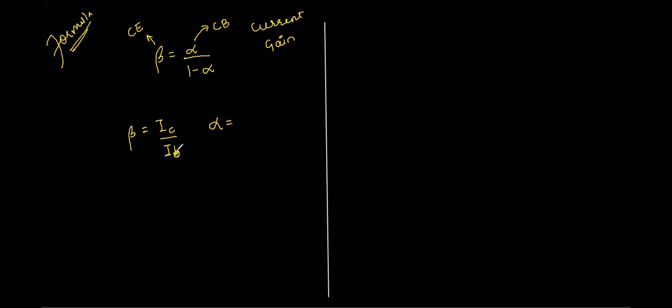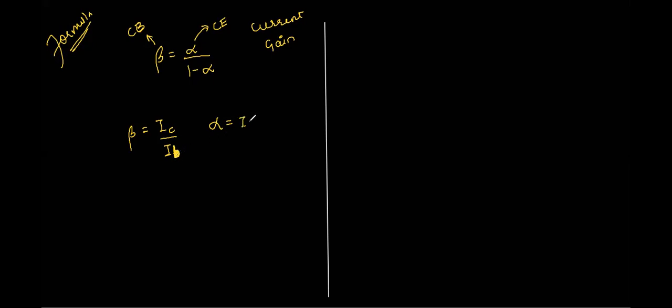This is IC by IB, right? Whereas you can call this for common base, while this one for common emitter. Beta is for base. You might wish to remember it that way. Small correction here, right? This is current gain for common emitter. This is current gain for common base, right?